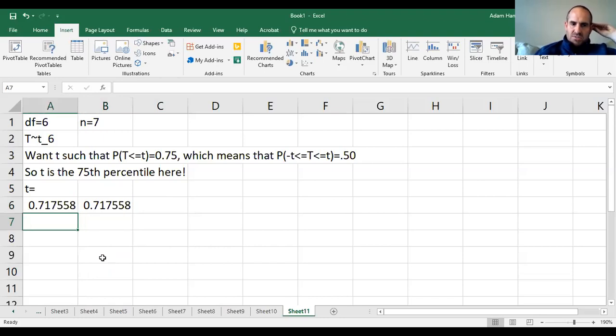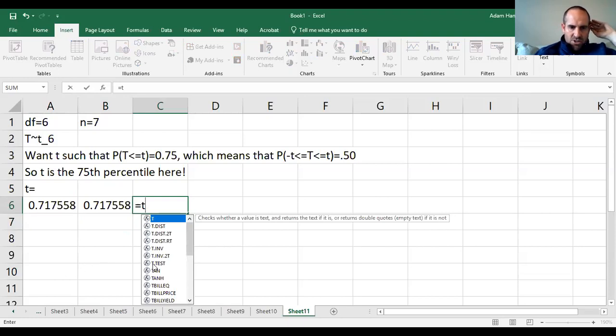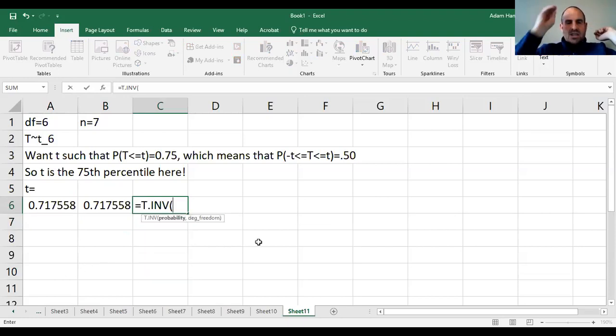So let me show you a situation that's not as trivial. Watch this. What if I went equals t inverse like this, and let's say I wanted to have 80% below this thing. So 0.8, and degrees of freedom, let's say 6.